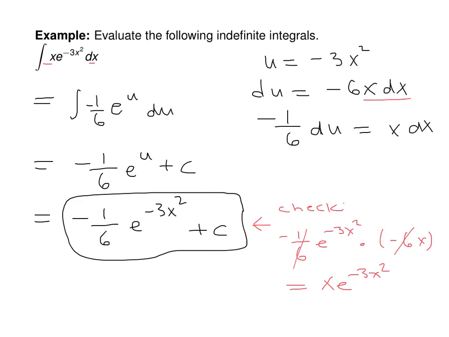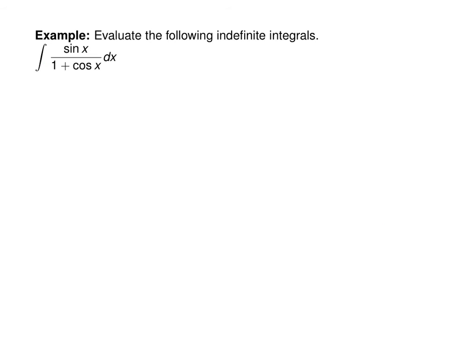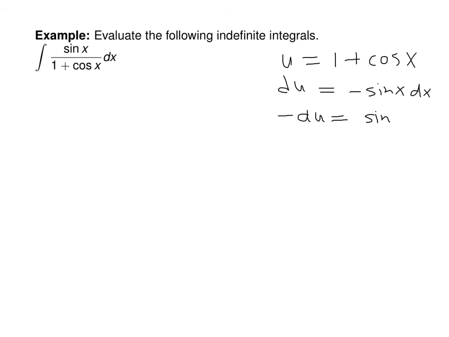Let's try another one of those. All right, in this one, the only situation I see that would work would be to let u equal the whole denominator. So let's try let u equal 1 plus cosine of x. Then du will equal negative sine x dx. Negative du equals sine x dx.